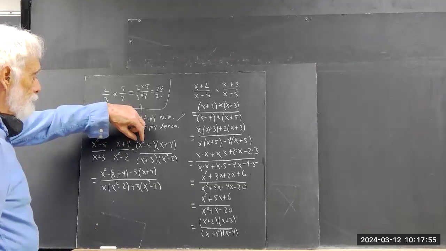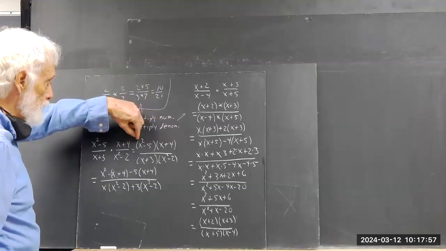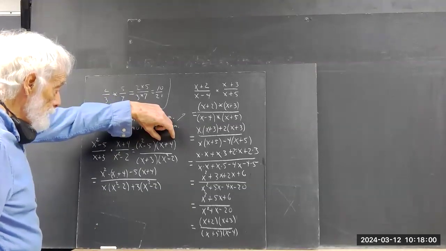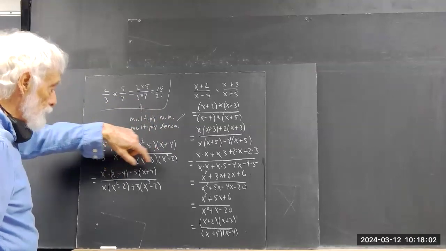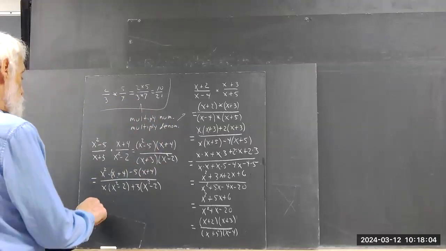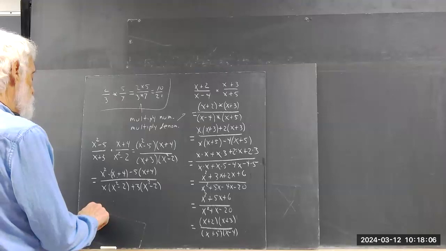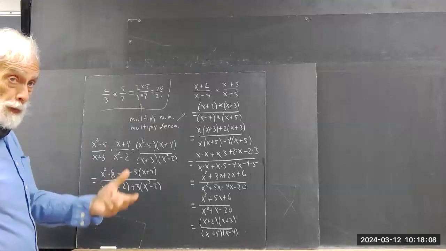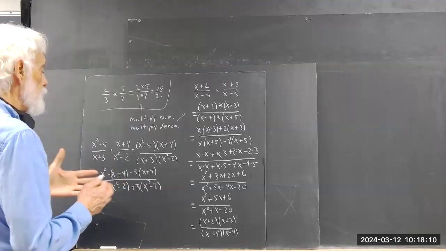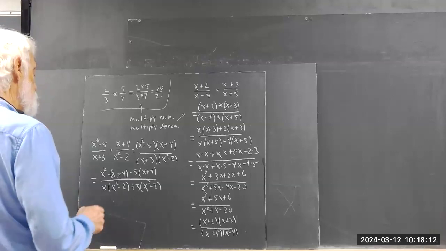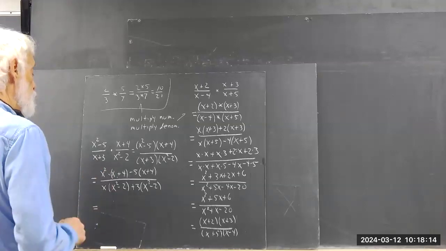Okay, this minus this times this is this times this minus this times this. Same thing here. Pattern of the distributive law, which you should probably go back and review. You have assignments on that, so you need to make sure you understand the distributive law. In any case, we have this.